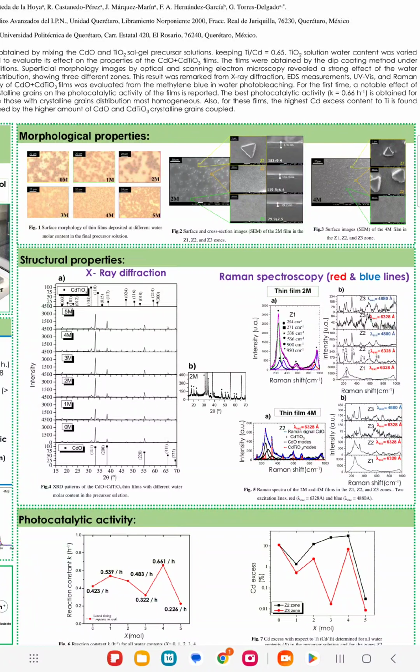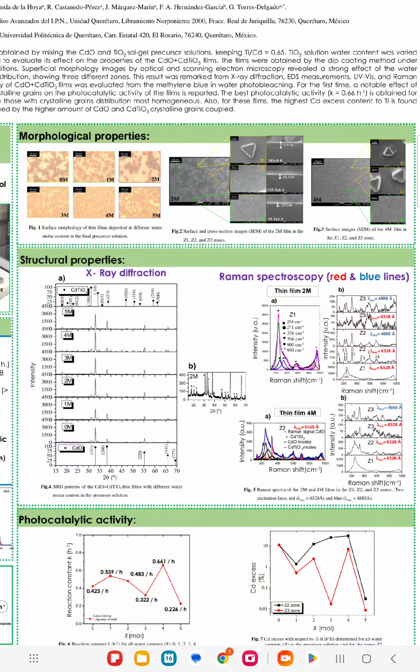We can see in the Z1 zone a wide band that extends from 150 to almost 500 centimeters, and this band is centered at 250 centimeters.